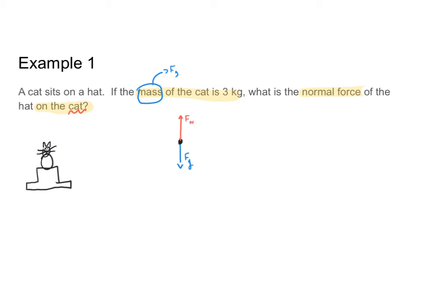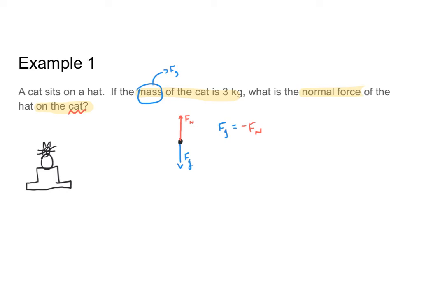So what that means is that the gravitational force is equal to the negative of the normal force. And that's because they are of equal magnitude and in opposite directions.